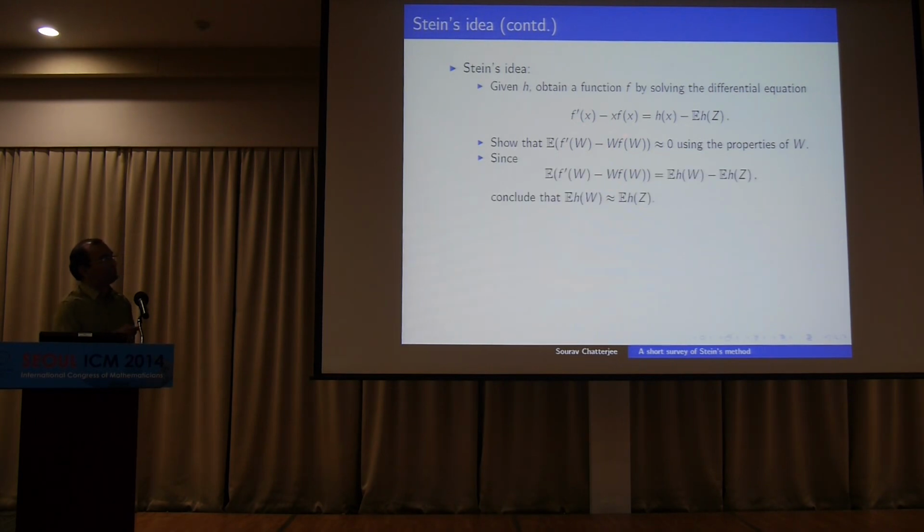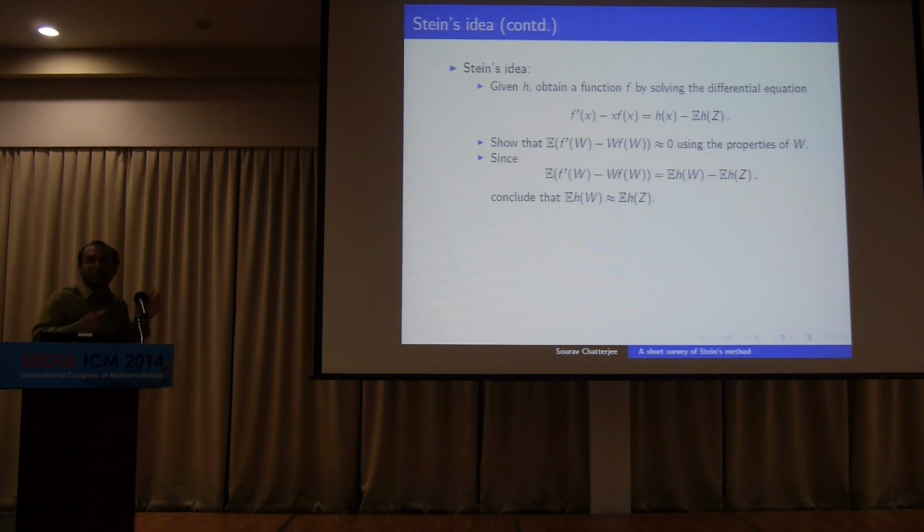But because of this differential equation, you know that this expectation is exactly equal to this. So you just plug in W in place of x, you take expectation of both sides, and you get this identity. So if you can show this is close to 0, you get this is approximately equal to this. Okay. So that's a very basic step, what you do.